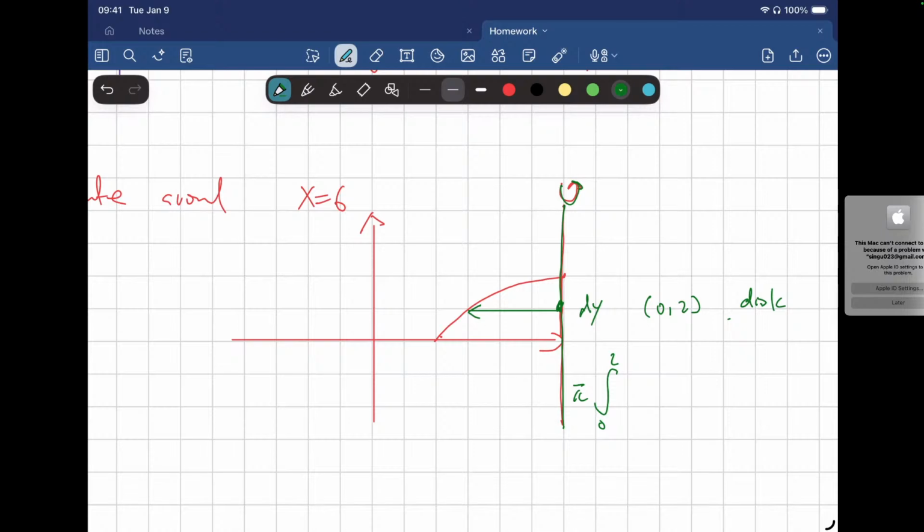Is it not 4 minus y squared? Oh, is it y squared minus 4? Wait, you have to check it, right? Y squared.